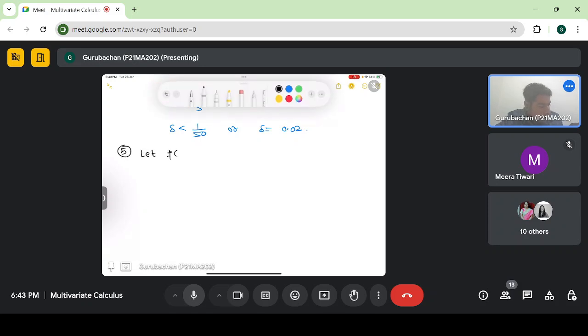So the fifth question is: let f(x,y) equal y cos(1/x) whenever (x,y) is not equal to (0,0), and 0 when (x,y) equals (0,0).